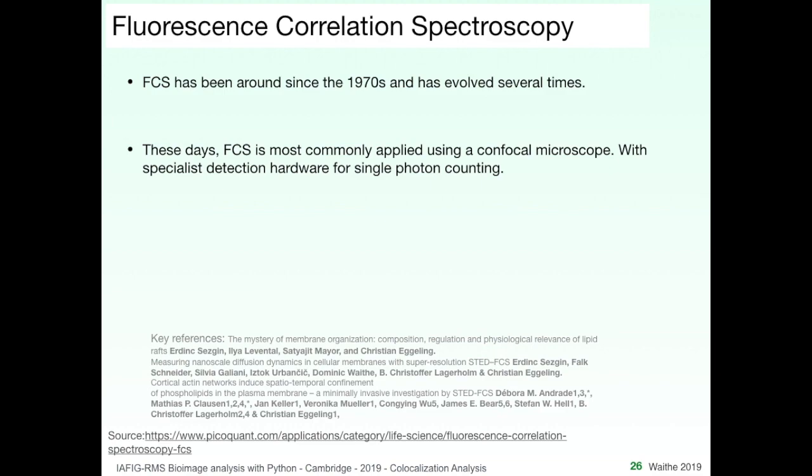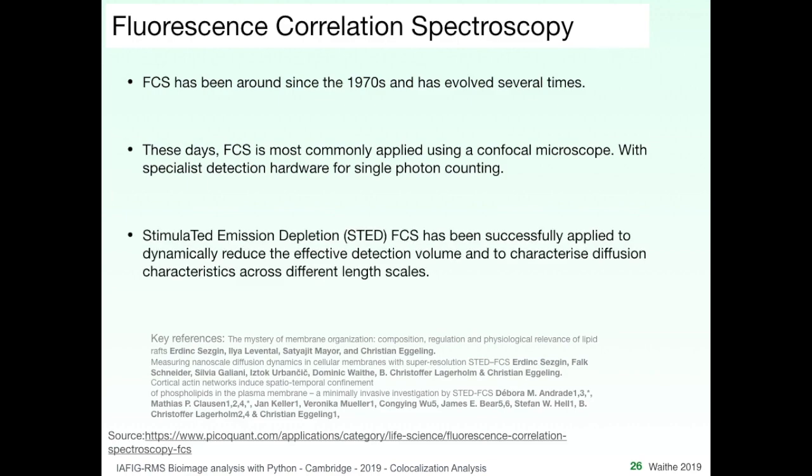And also these days, stimulated emission depletion, which is another very popular form of super resolution, is combined with FCS, so that we can actually do FCS measurements in a tighter, restricted PSF. So basically doing FCS within a super resolution regime and being able to measure diffusion in a very specific volumetric area.